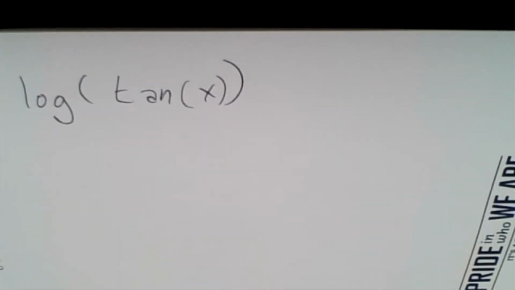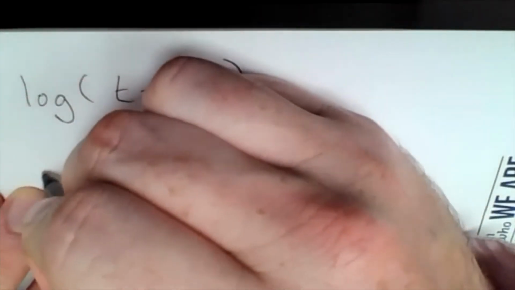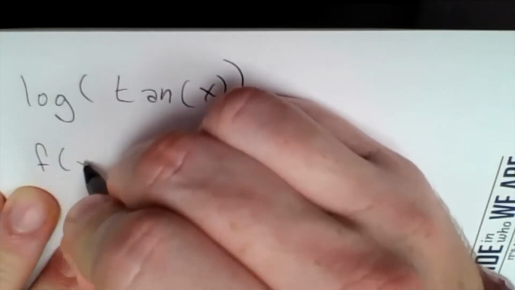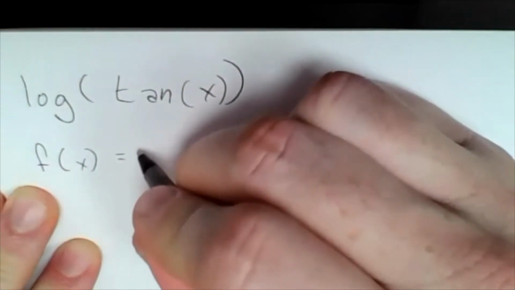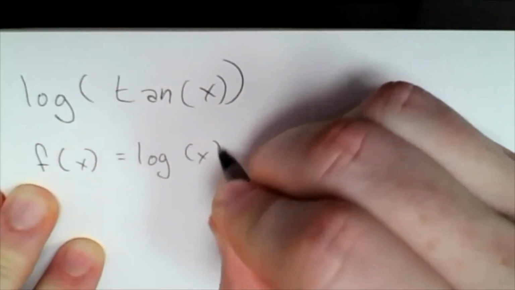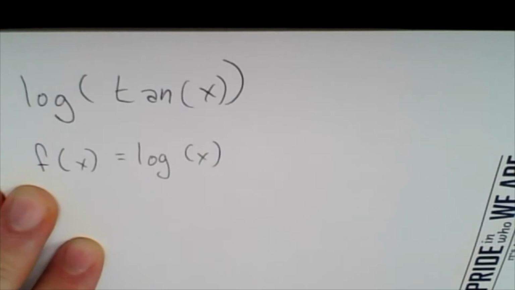So if this is the function I'm going to differentiate, then I need to identify what are the inside and outside functions. So here, I'm going to make notes for myself, and I will say that f of x is equal to the common log of x, or the base 10 log, if you prefer.